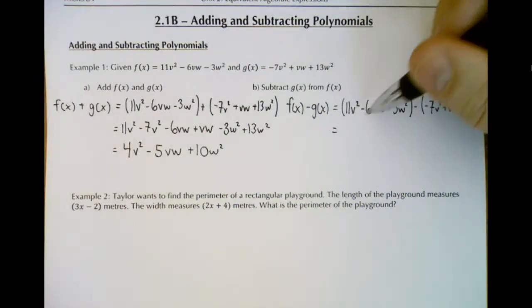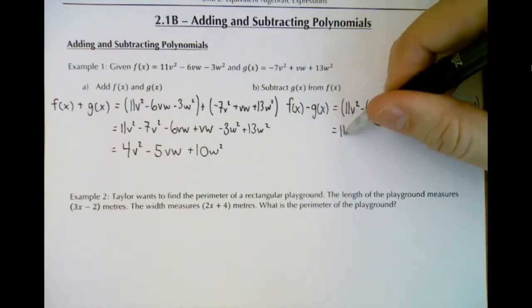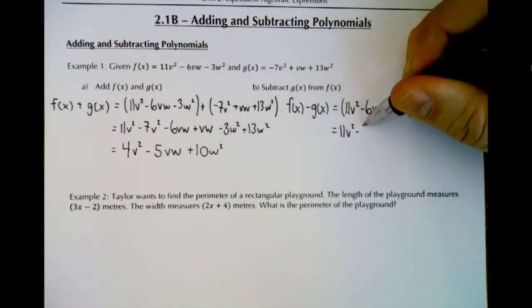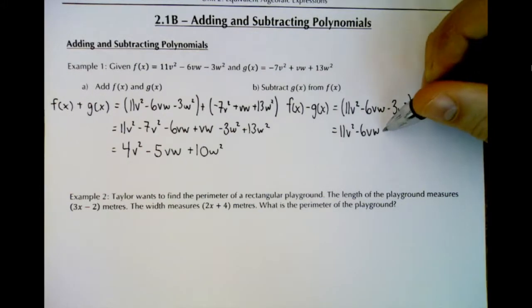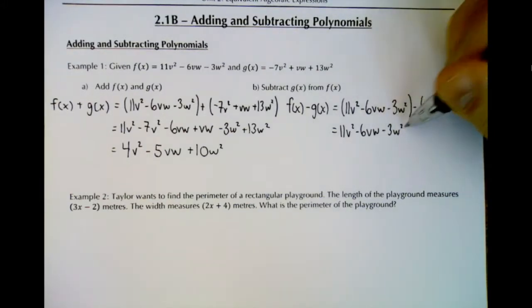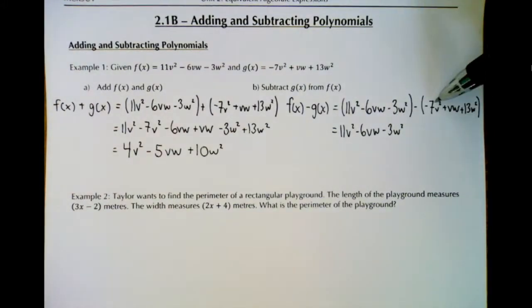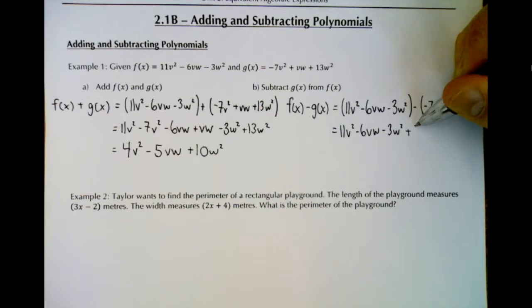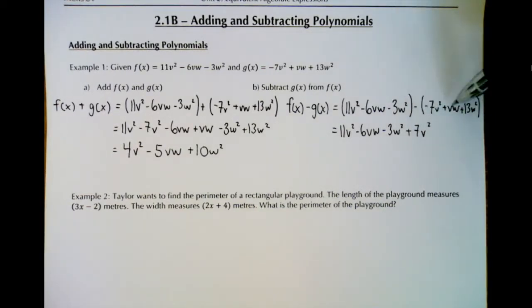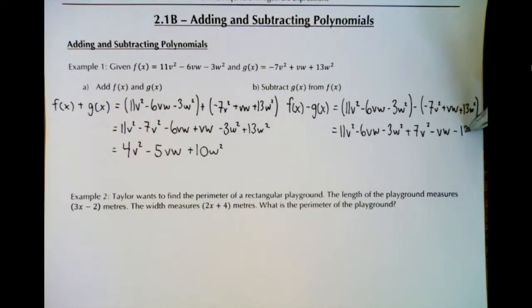So I'm just going to open up the first bracket. I'm not going to change any order yet because we're going to really concentrate on that second bracket with the minus sign in front. When you're subtracting a polynomial, you're subtracting each of the terms, so we're subtracting negative 7v squared, which is subtracting a negative, like adding a positive, so we're adding 7v squared. We're also subtracting vw, so minus vw, and we're subtracting 13w squared.